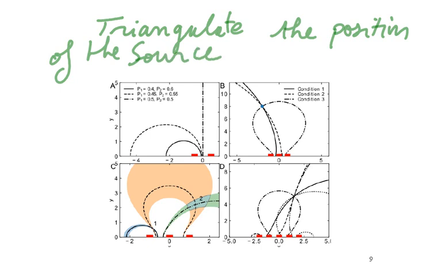So here is the question. Suppose you have a source somewhere, and now you can calculate the flux at receptors 1, 2, and 3. Can you, from these fluxes, find where the source is located?